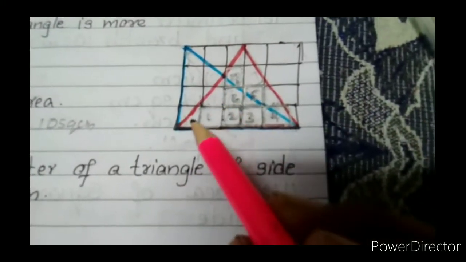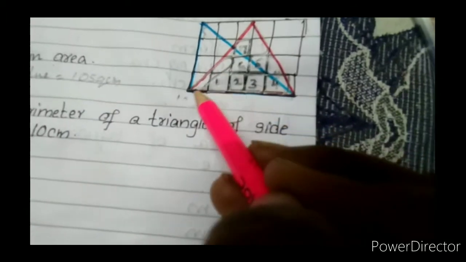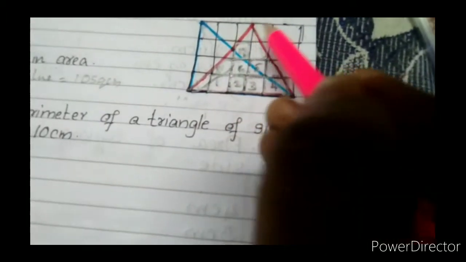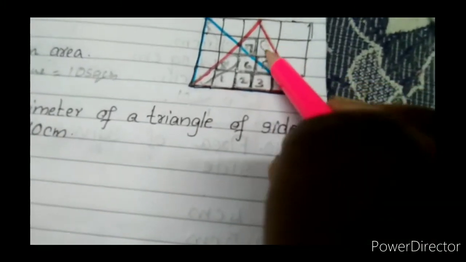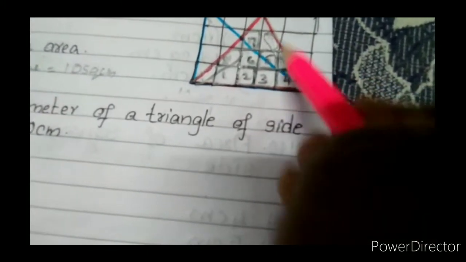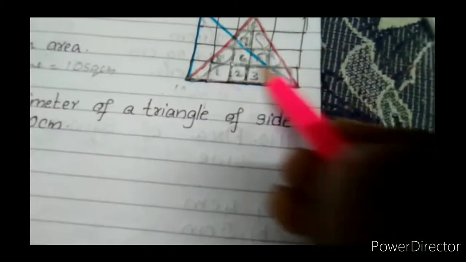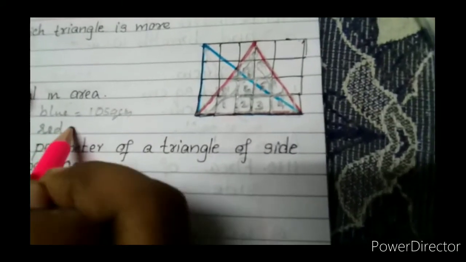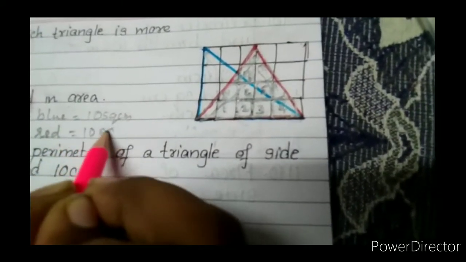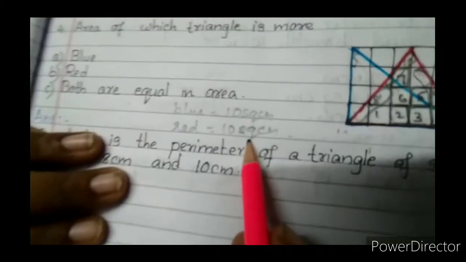Then these two half squares, 8, 9, 10. The area of red is 10 square centimeter. The area of blue is 10 square centimeter, area of red is 10 square centimeter.